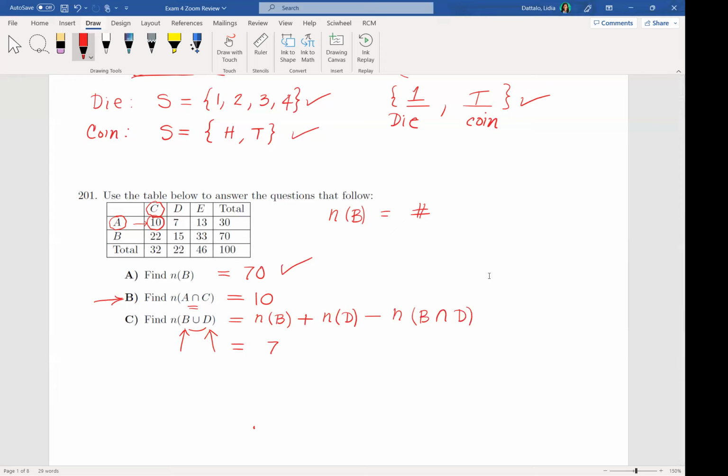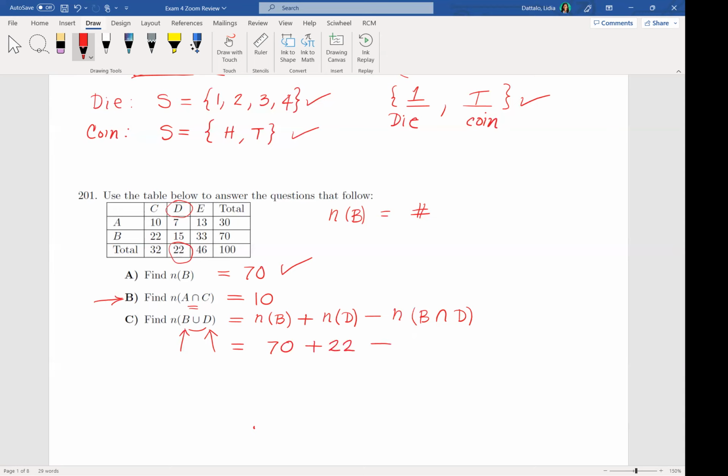Okay, so we said it was 70 for the number of B plus the number of D. Now we're looking at D, the number of D. Well, here's D. We go down to the total of D, which is 22.